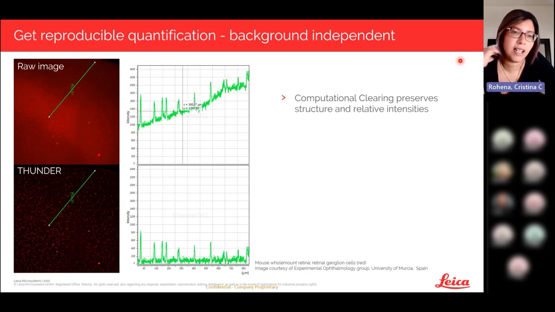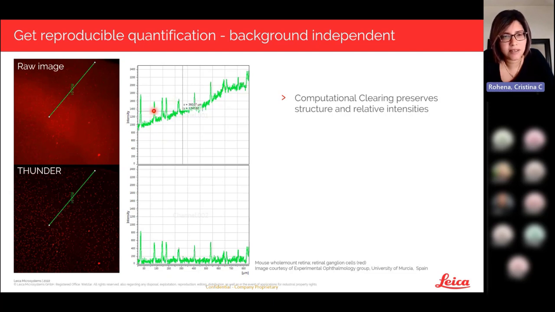With Thunder, again, you can get reproducible quantification that is background independent. This is shown in this example here. We compare a raw image to our Thunder processed image, and we draw this region of interest, this line across the same region in both images. And what is obvious here, if you look at the line profile of that region of interest, is that in the raw image, the peak signal intensities are going up with the background.